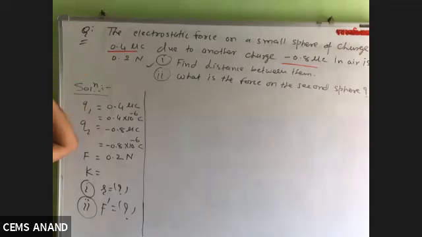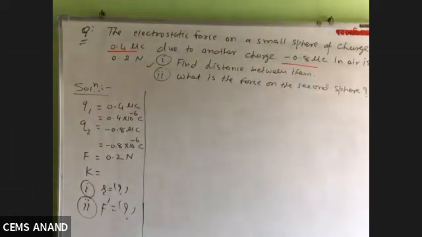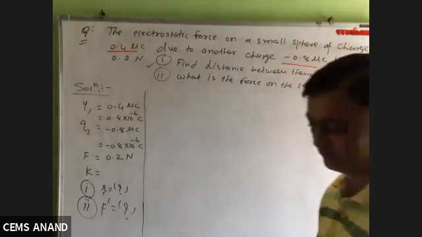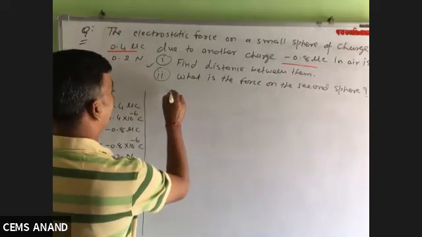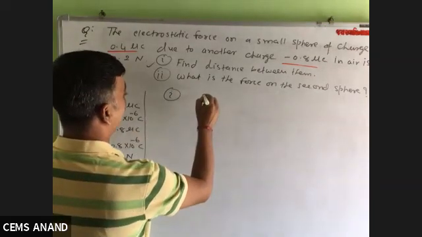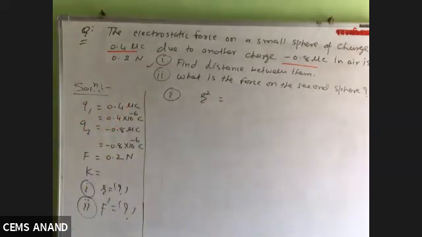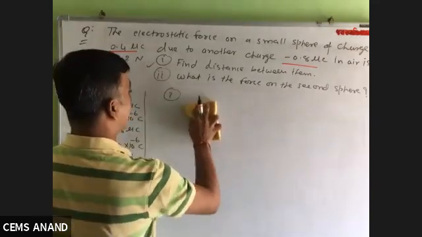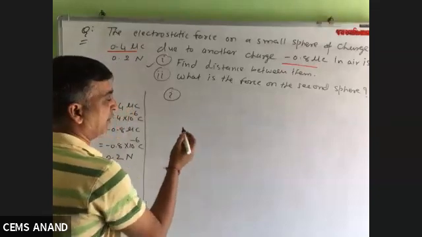This problem and the second last problem are from the textbook exercise. So they are problem 1 and 2. The first thing we are asked is to find R square again, right? But just don't start like this, as we are interested in having 3 marks for the problem.